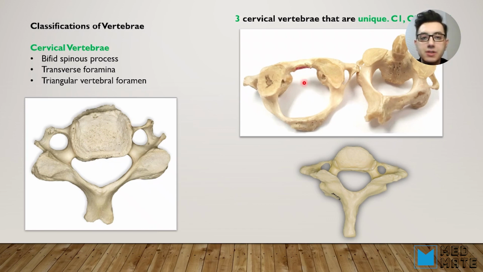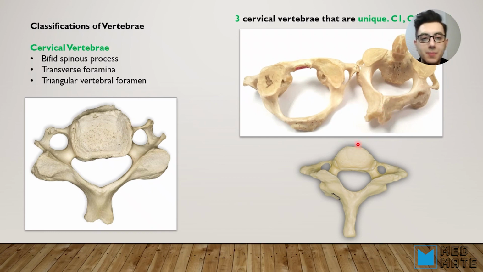And that's the absence of a body. There is no body in the first vertebra. And about C2, the body has a different shape. If you compare this vertebra, which is a typical vertebra, with this one, you can see that there is another type of body in this vertebra, and that's called the dens process.